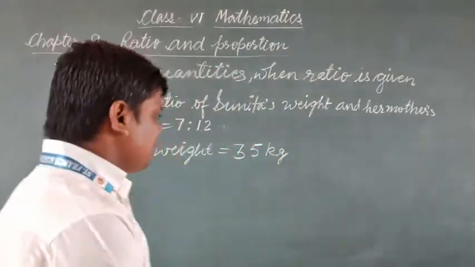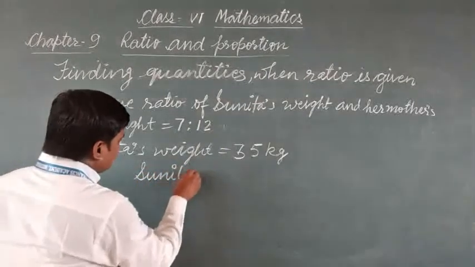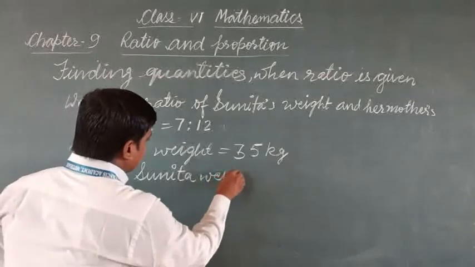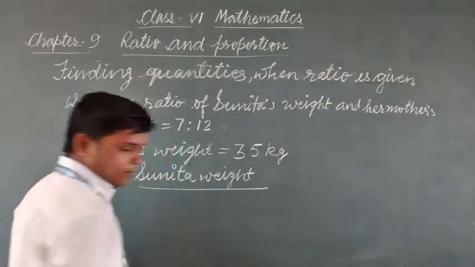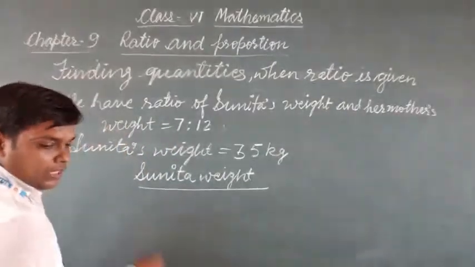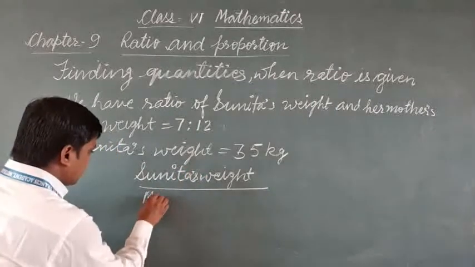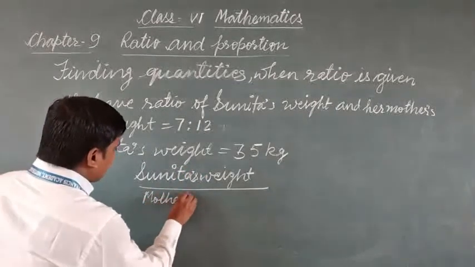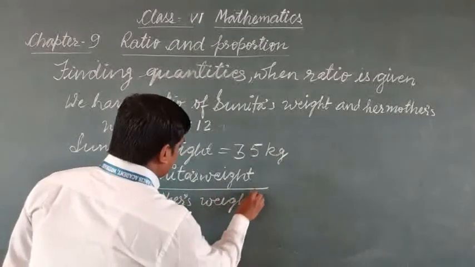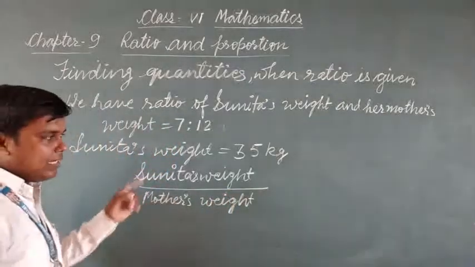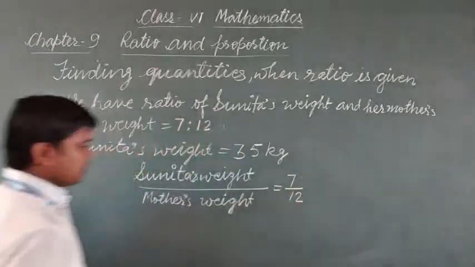So we know by the ratio, Sunita's weight by mother's weight is 7/12.